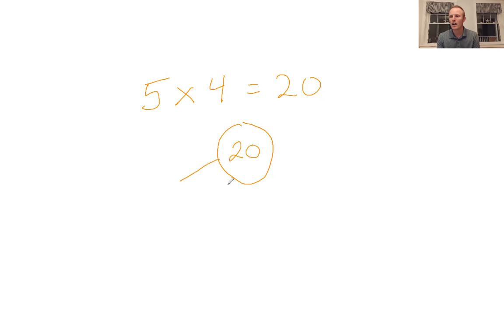I'll make 5 arms coming off or 5 branches coming off because there are 5 groups, which is shown by this first number here. And then I know that they're going to be an equal number in each group. And in this case, it's going to be 4 because that's what our multiplication sentence tells us.